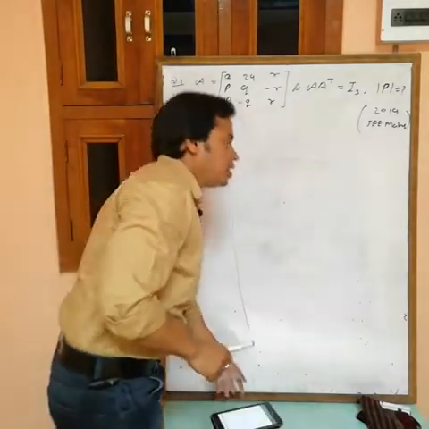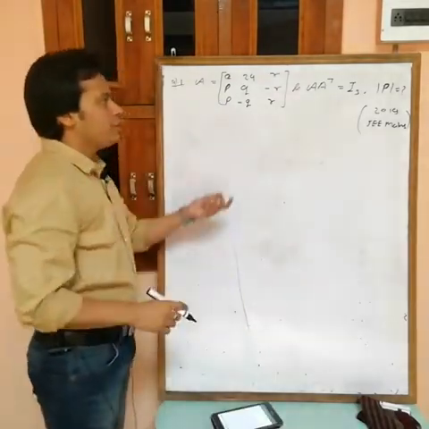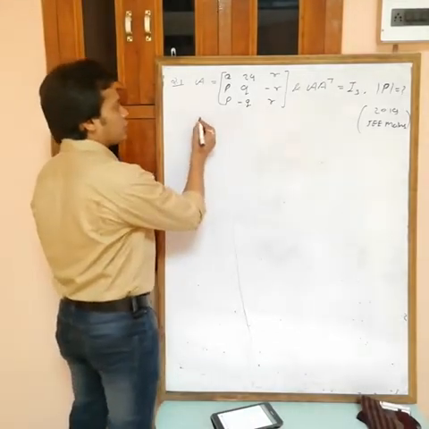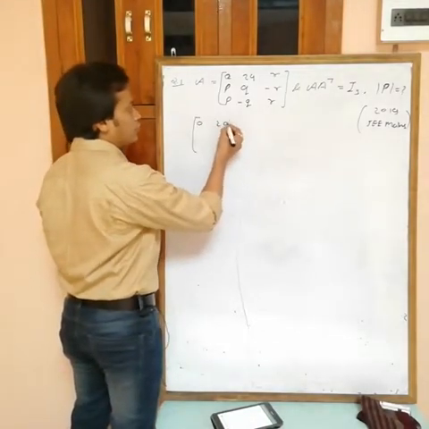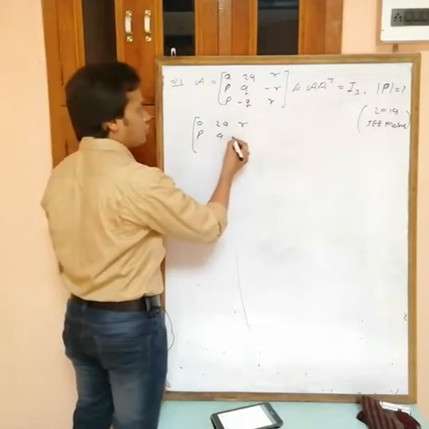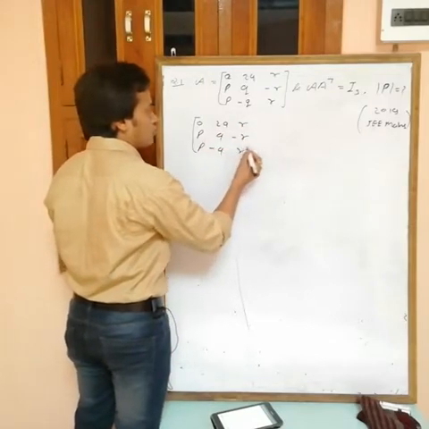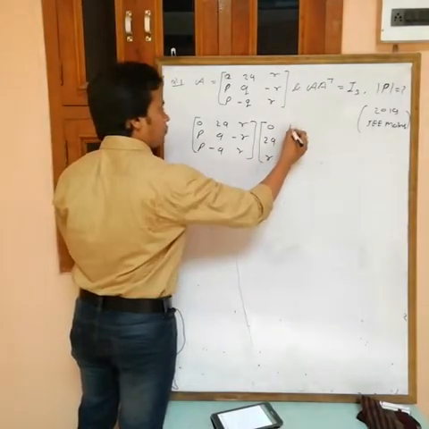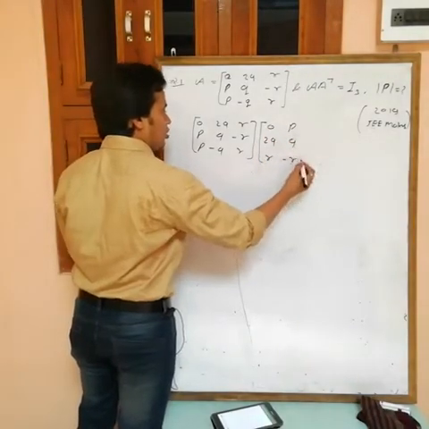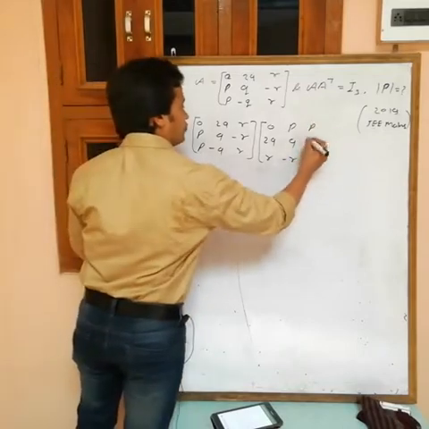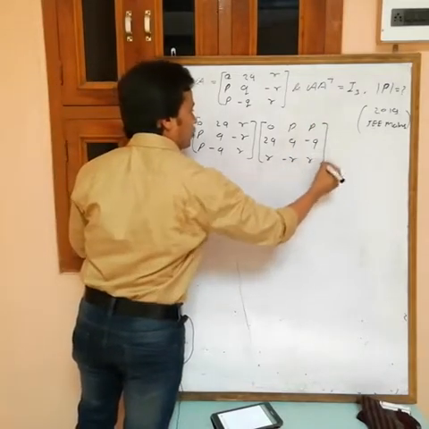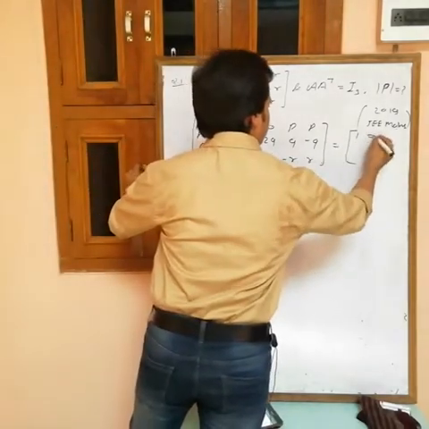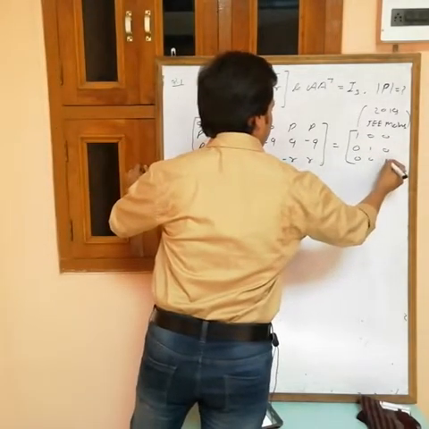Now it is given that A into A transpose is equal to I3 and we want the value of P, so just put in the values. A is [0, 2q, r; p, q, -r; p, -q, r] into A transpose, that is [0, p, p; 2q, q, -q; r, -r, r], and that is equal to I3, which means 1 0 0, 0 1 0, 0 0 1.